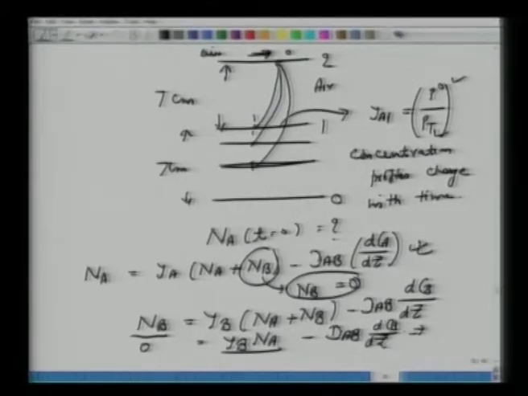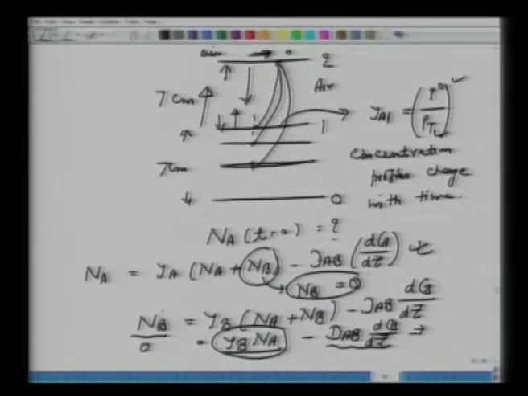So what it means is air still diffuses. As ethyl acetate diffuses in this direction, air diffuses by molecular diffusion, but air is insoluble in ethyl acetate, which means there is an induced bulk transport in this direction, so that the transport of air by YB NA is equal and opposite to this molecular diffusion of B.